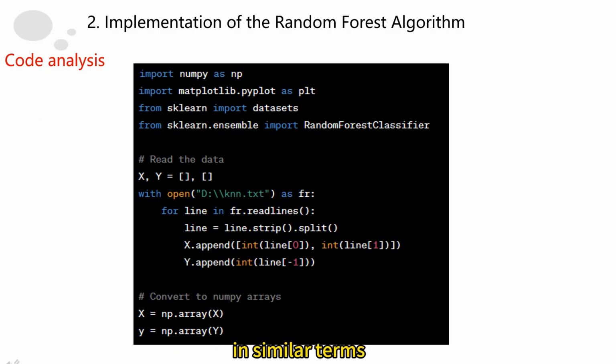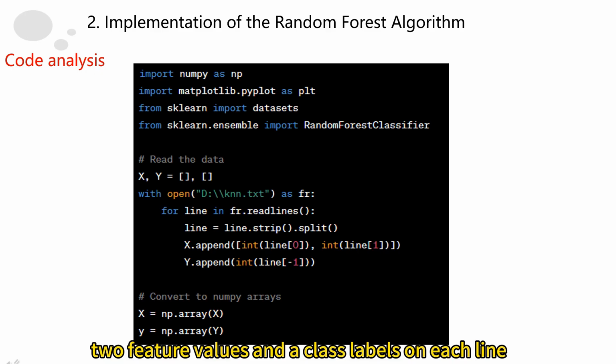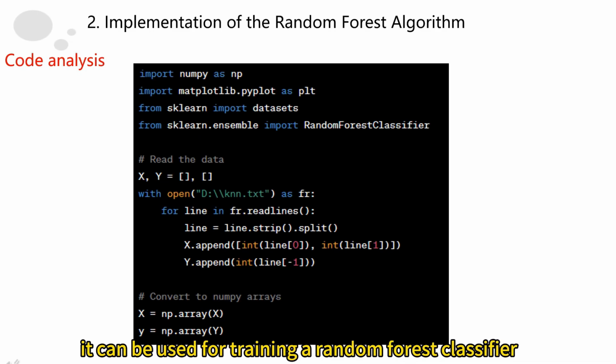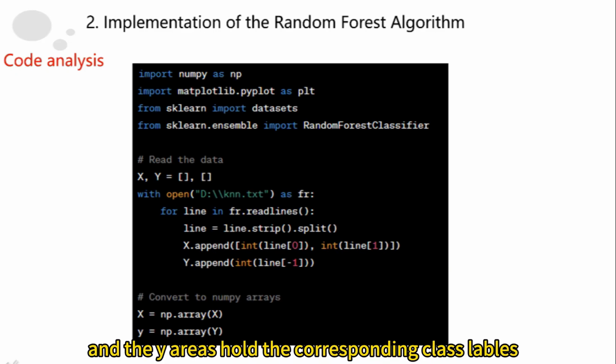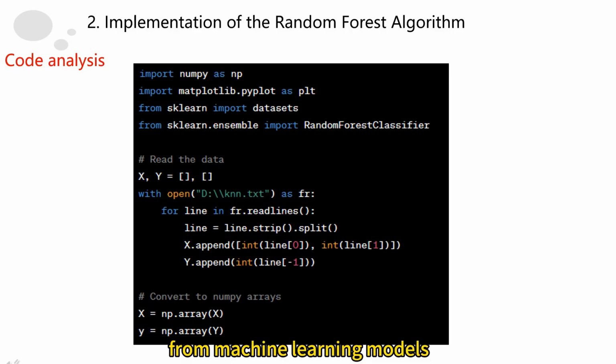In simple terms, this code reads data from a file that seems to contain 2 feature values and a class label on each line. It then organizes this data into arrays so that it can be used for training a random forest classifier. The X array holds the feature values, and the Y array holds the corresponding class labels. This is an important step in preparing the data for machine learning models.